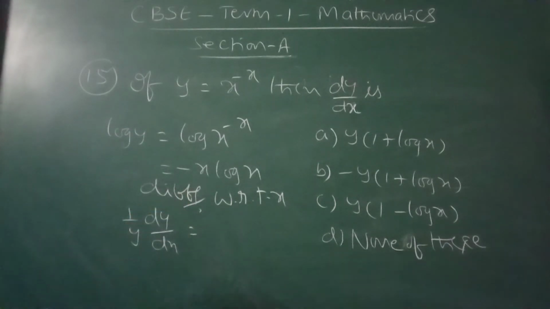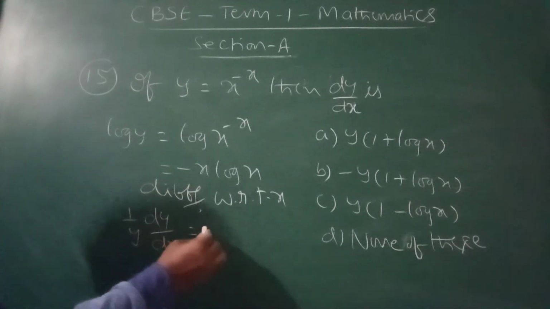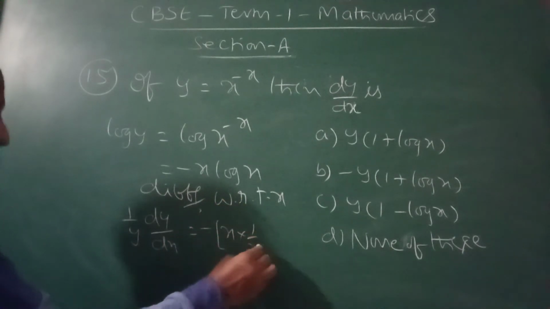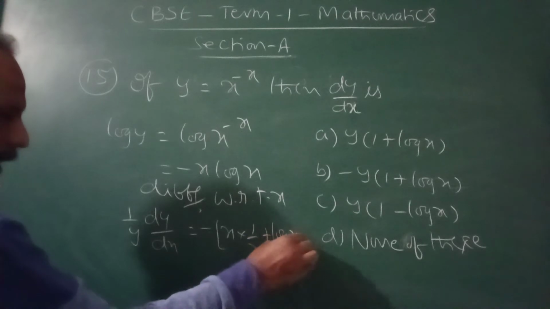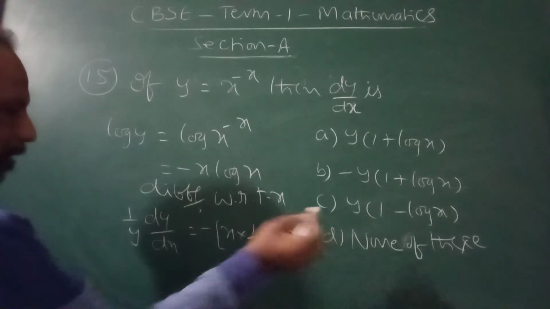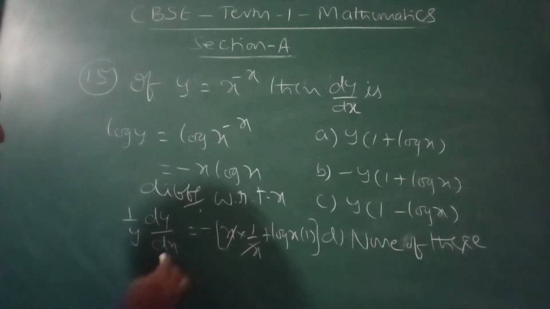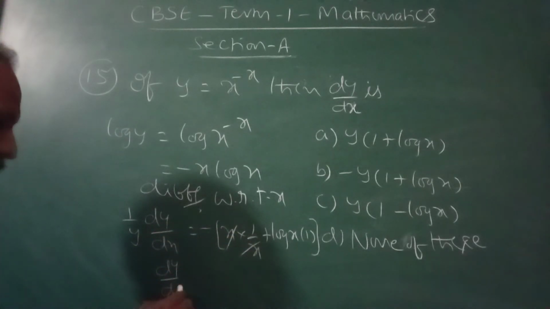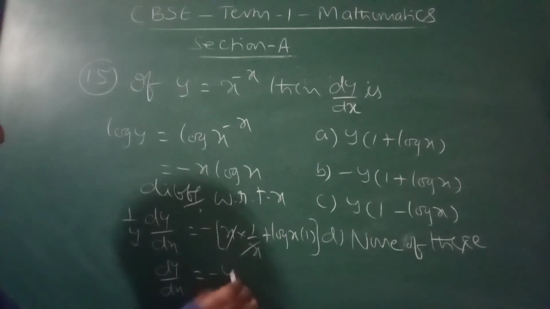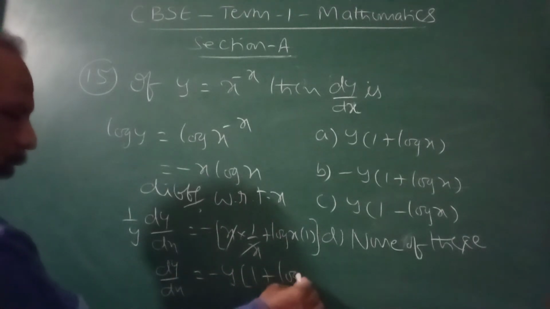Here I should use the product rule. Taking the minus common, x into 1 by x plus log x, the derivative of x is 1. Cancel. I can get dy by dx equal to, taking y to this side, minus y into 1 plus log x.